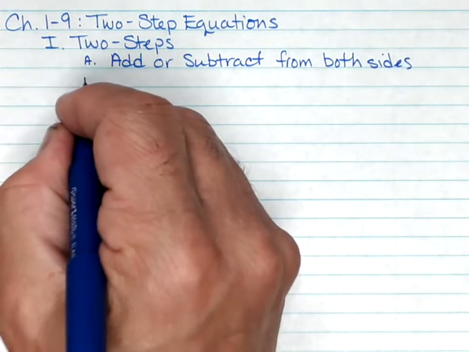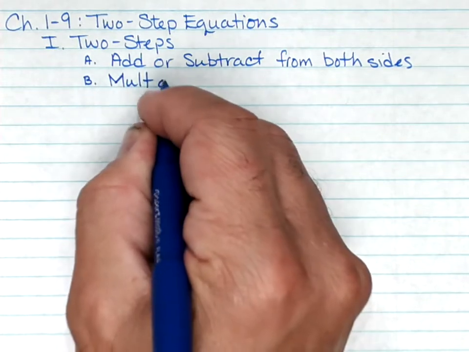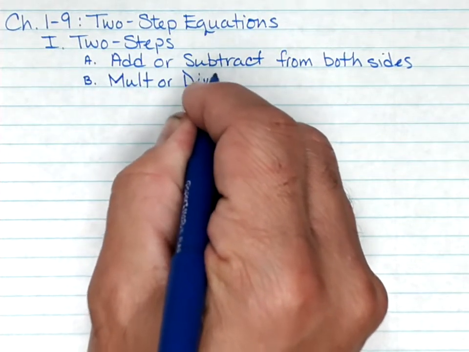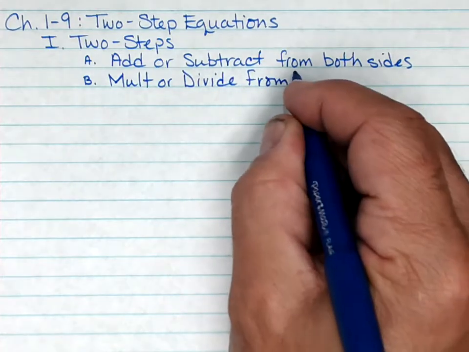The second step will be to multiply or divide from both sides.